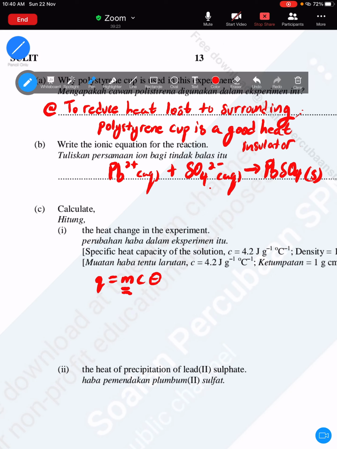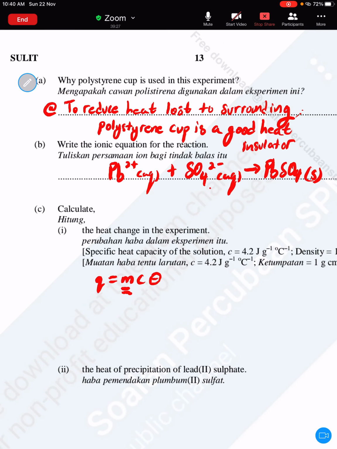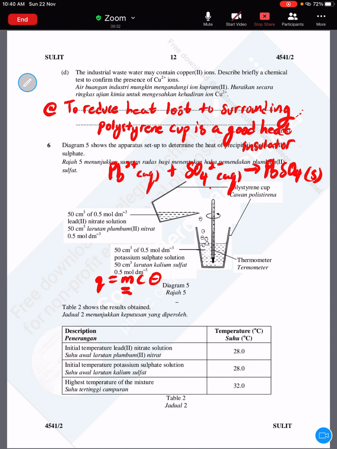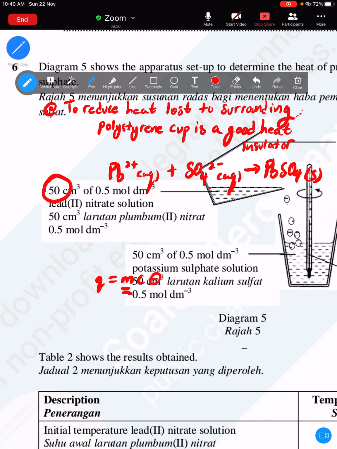What is the total mass? If you look over here, my dear, the volume is 50 plus 50. Therefore, the total volume or the total mass is equivalent to 100.